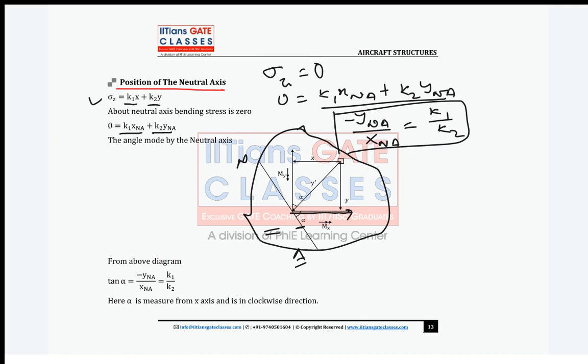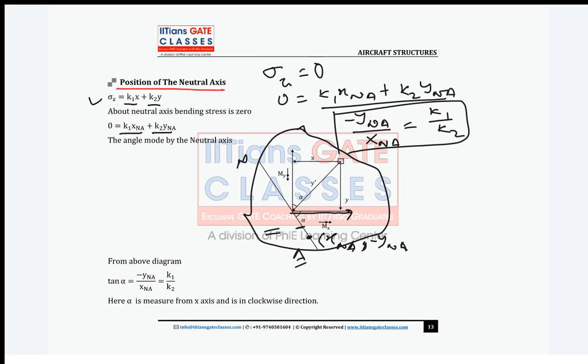So in this equation, suppose this is the point where I am considering this coordinate. What is the coordinate of this point? It is xNA, comma, can anybody tell? Plus yNA or minus yNA? It's minus yNA.